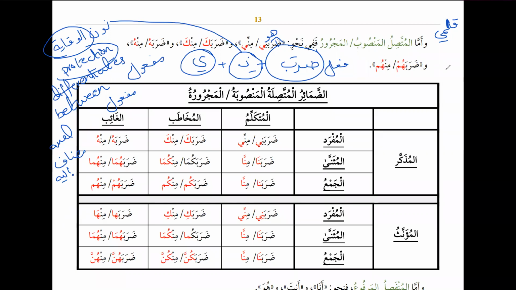But when you want to say someone hit me, do you say darabi or darabani? Darabani. So this is the noon that differentiates between when it is mudaf ilayh and when it is fi'l and maf'ul. Okay, that's what it does, especially when it comes to the ya.